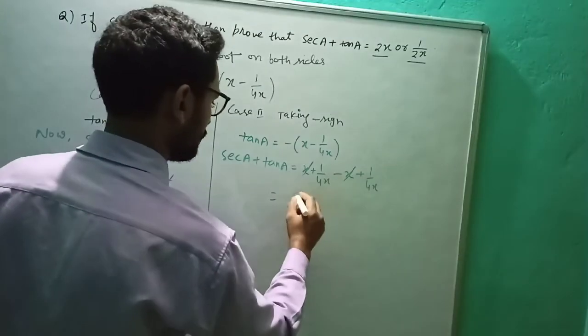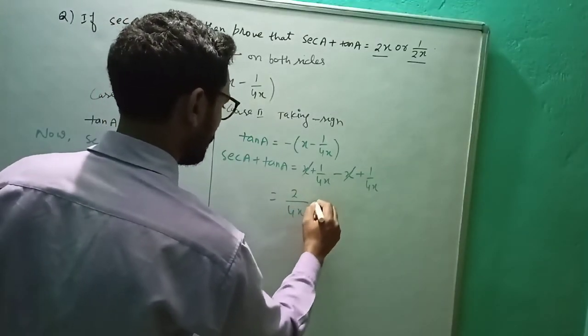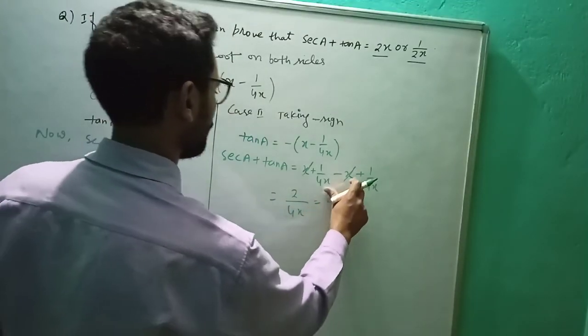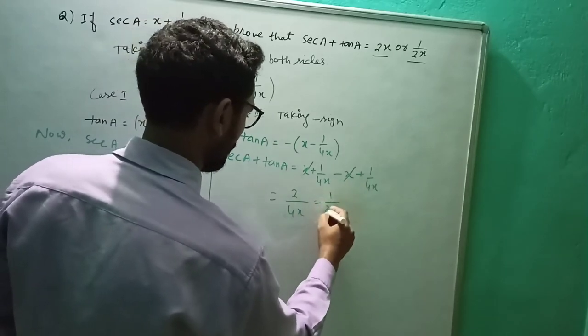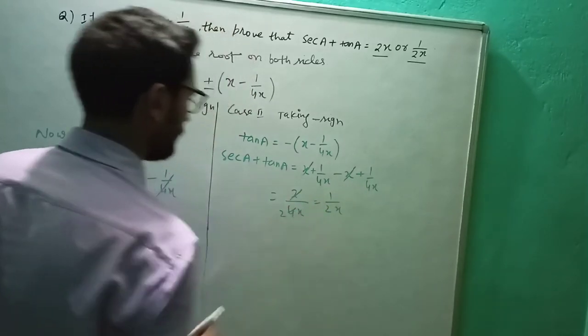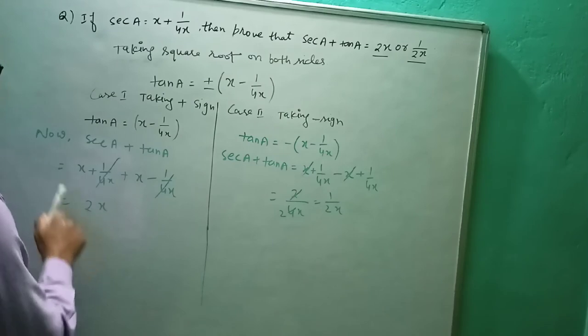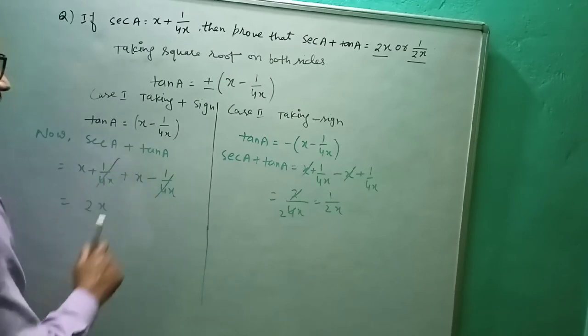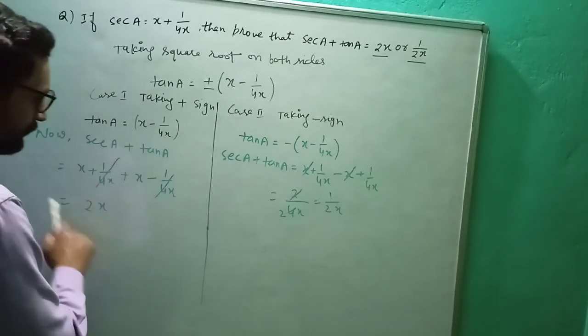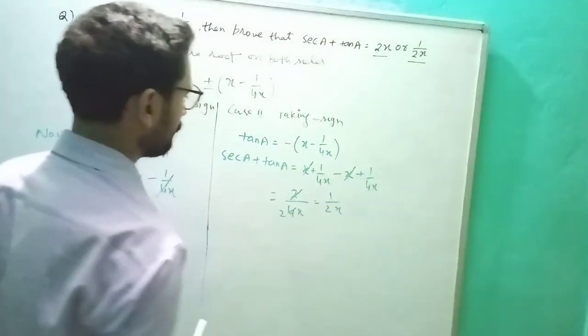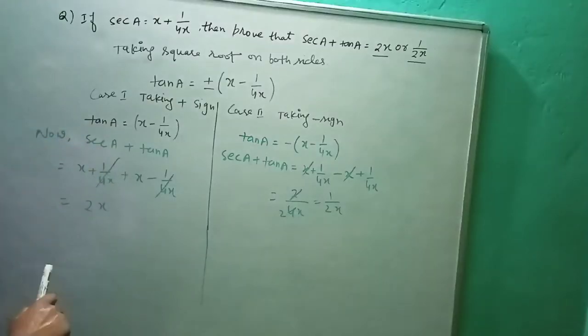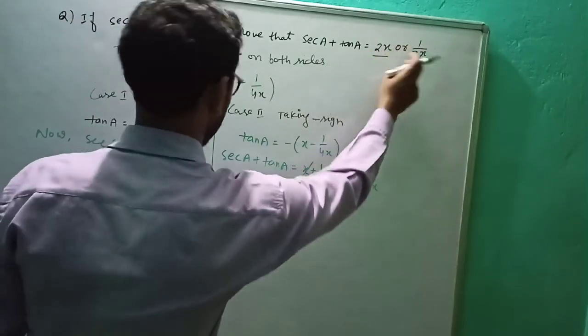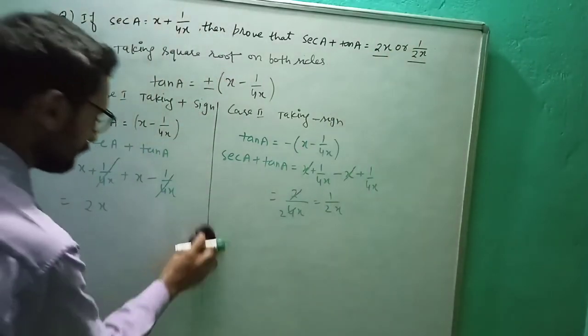Now they are equal, so that means 2 upon 4x, which is 1 upon 2x. So now you see the value of sec a plus 10a has two possibilities. It may be 2x or 1 upon 2x. That depends on the sign of 10a.